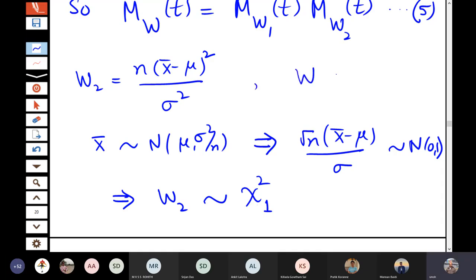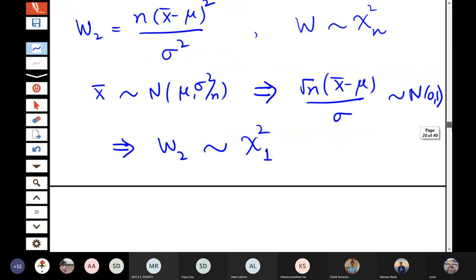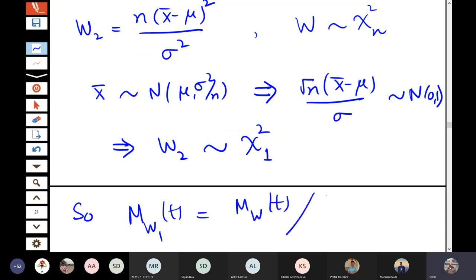W is following chi-square n. Okay. So MW1(t) is equal to MW(t) divided by MW2(t).